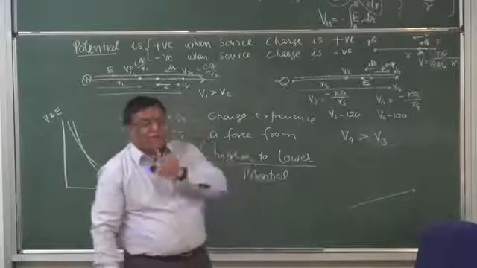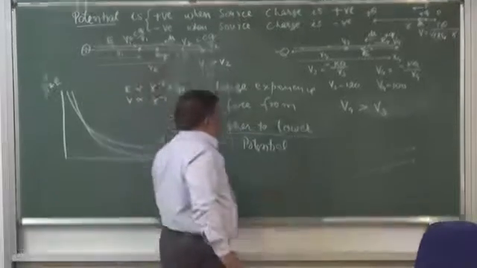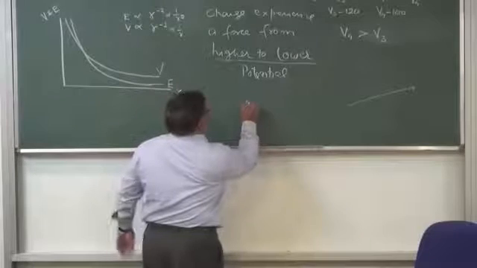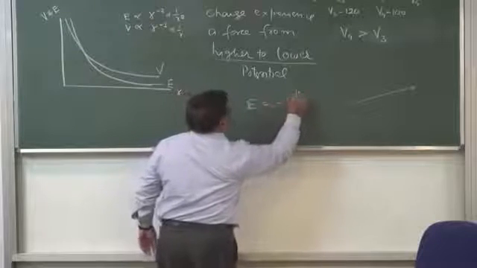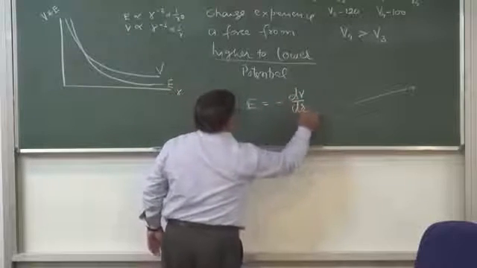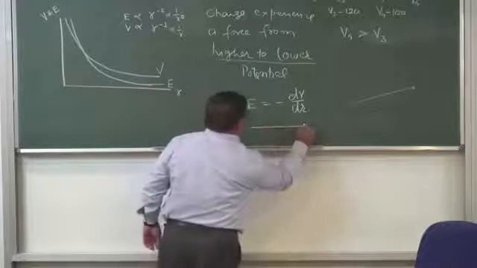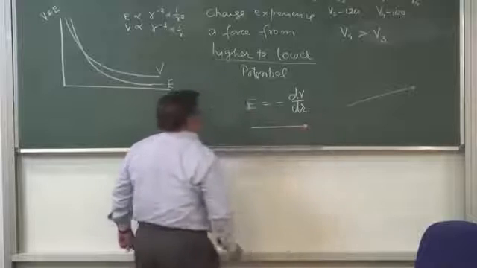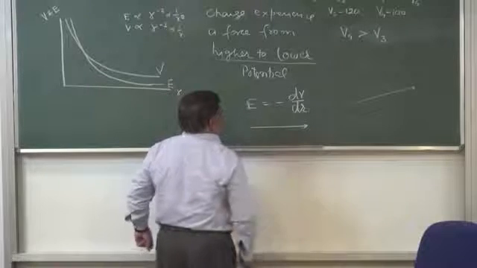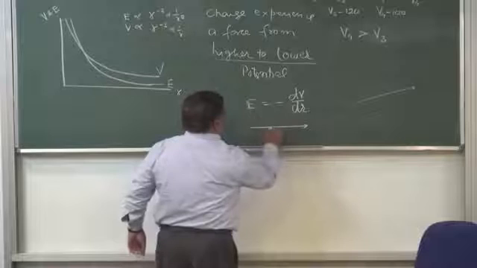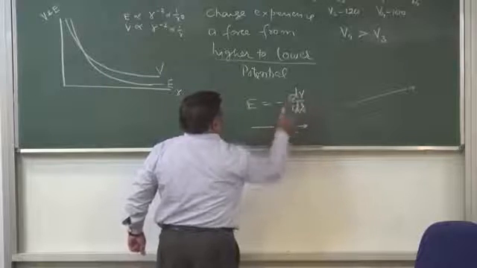That is one thing. The other thing is, we have known that E is equal to minus dV by dr. This is the direction of E, this is the direction of dr, dV.